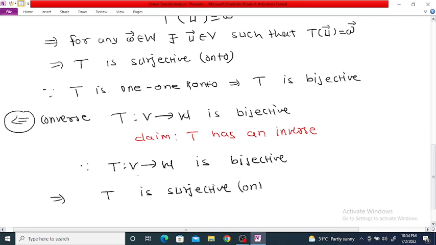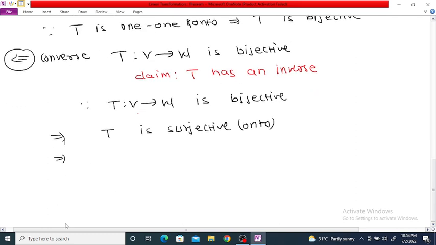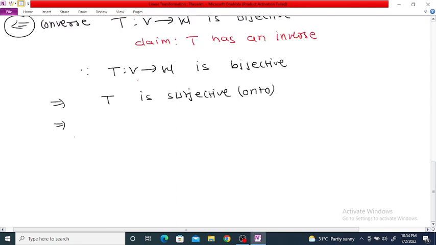In other words, it is onto, and therefore for any W bar belongs to W, there exists a U bar belongs to V such that T of U bar is equal to W bar.